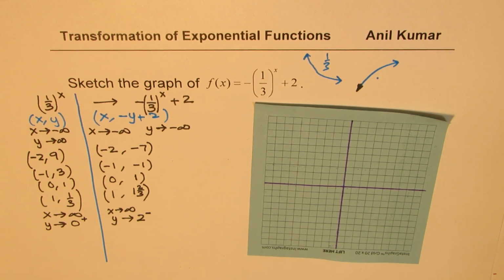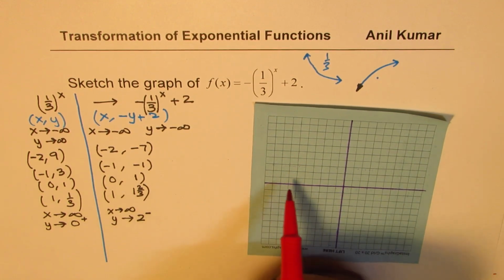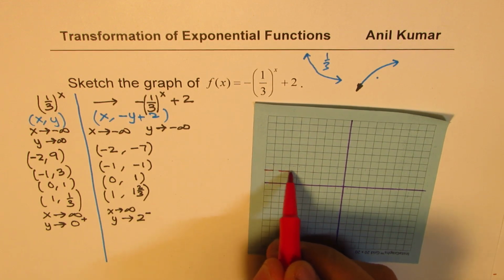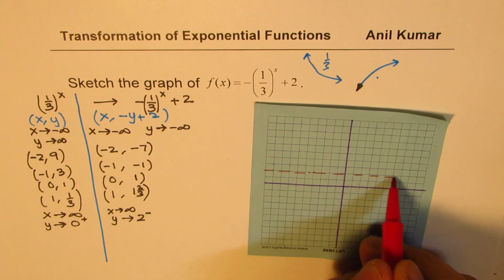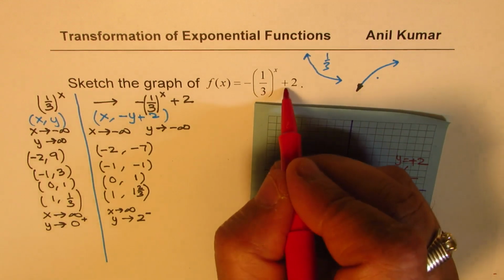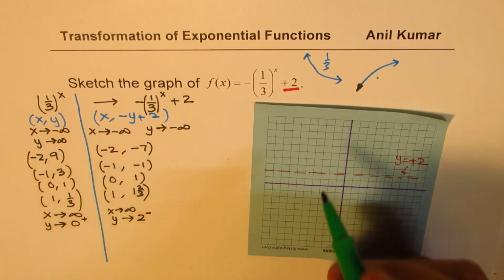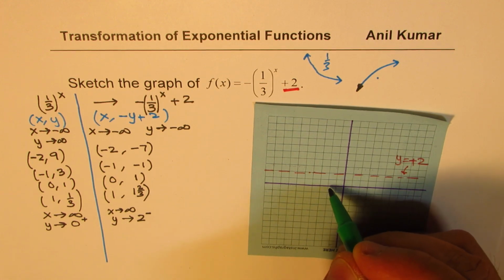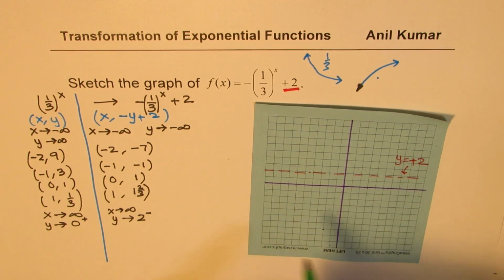Now let us see how to sketch it. You have seen all these values are less than 2. The horizontal asymptote is at 2, from the plus 2. So this is y equals 2, which you get from here as your horizontal asymptote. Now let's plot the points. Minus 2, minus 7: so minus 2, 1, 2, 3, 4, 5, 6, 7.